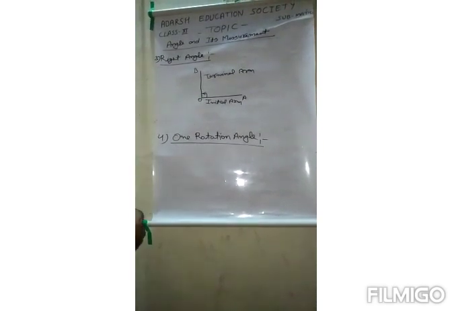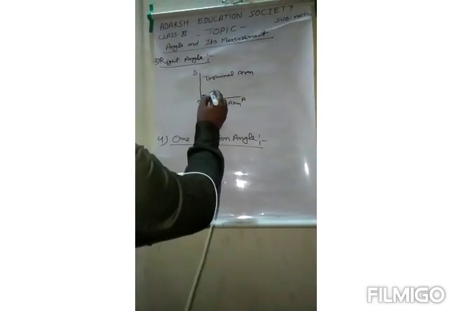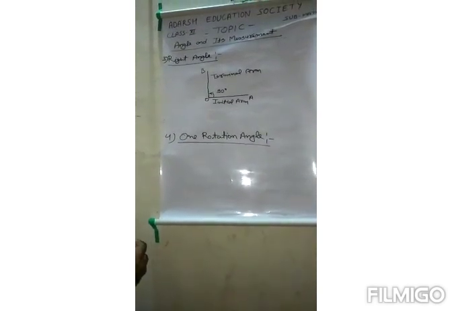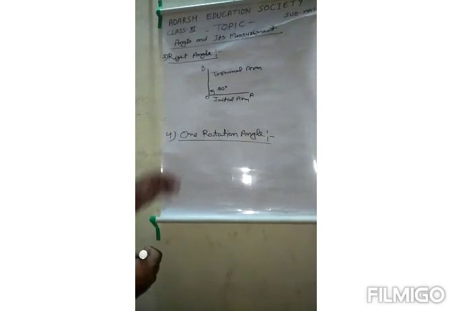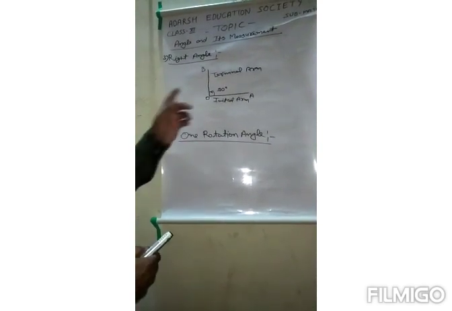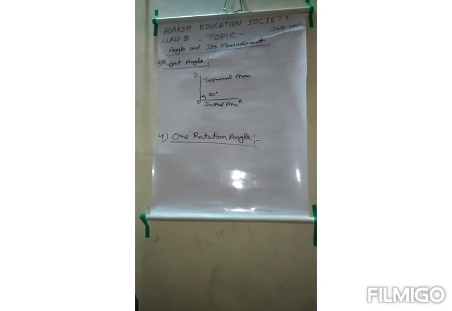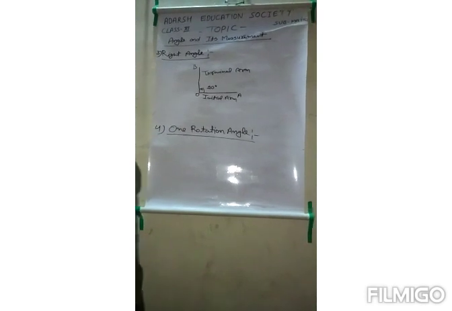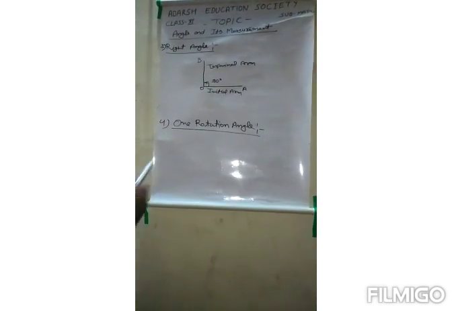Here I took the sense of rotation towards the anti-clockwise direction, so this may be called the positive 90-degree angle. One more important thing about the right angle is that the initial and the terminal arm are both represented by the quadrantal axis. We will discuss this topic, quadrantal angle, later in this chapter.